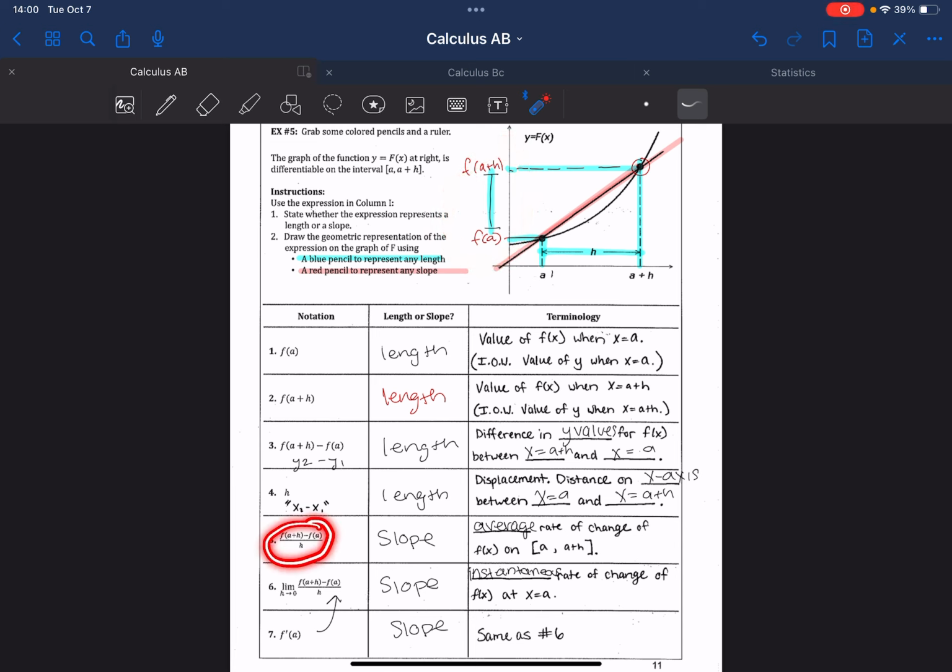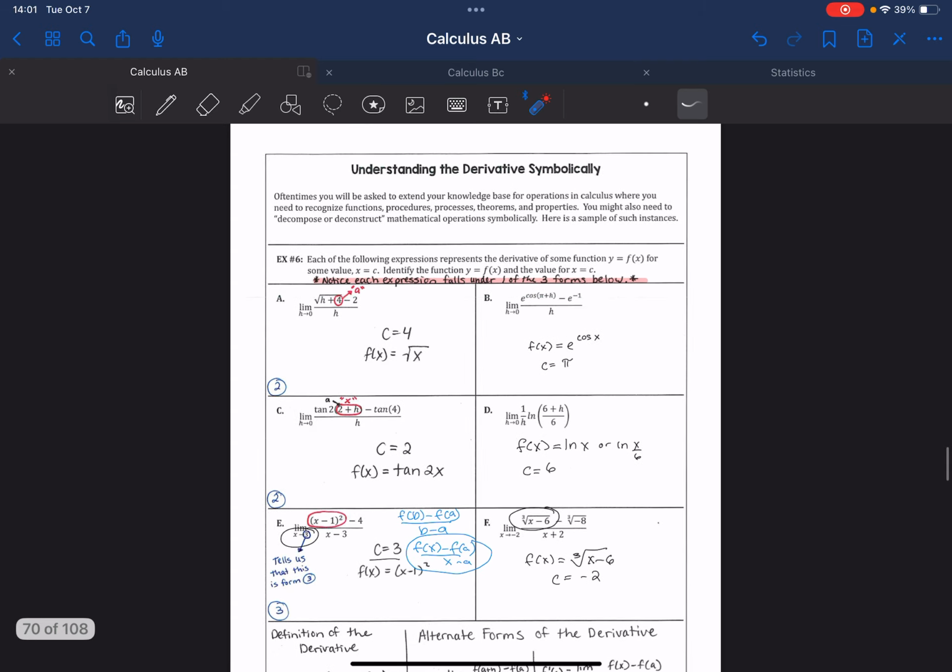Versus all of these type of functions represents a derivative in some way, and we know the derivative is a slope. So all of these were rate of changes marked with that slope of that, the approximate slope of that function. Okay.